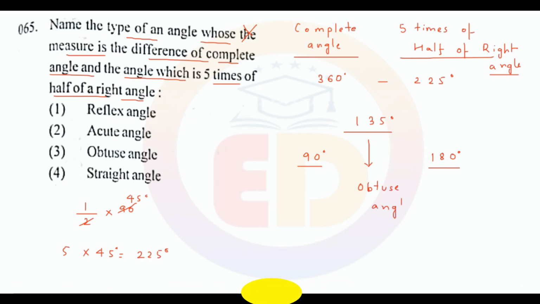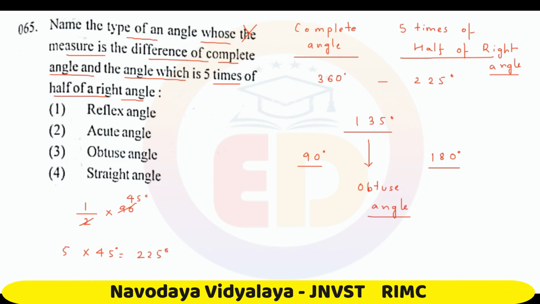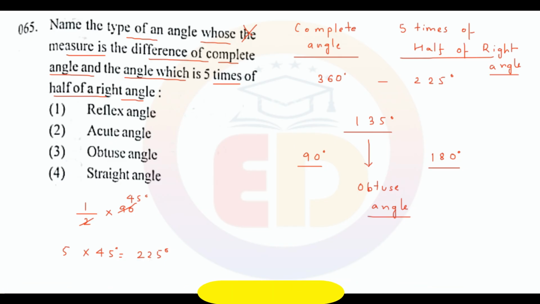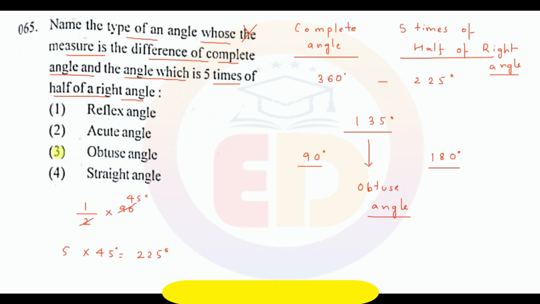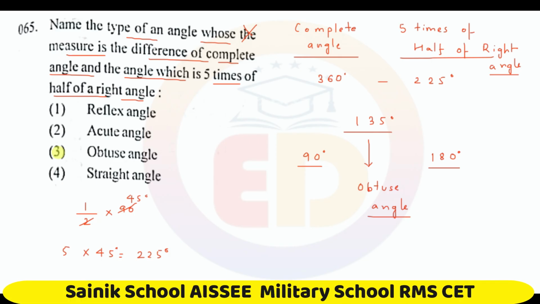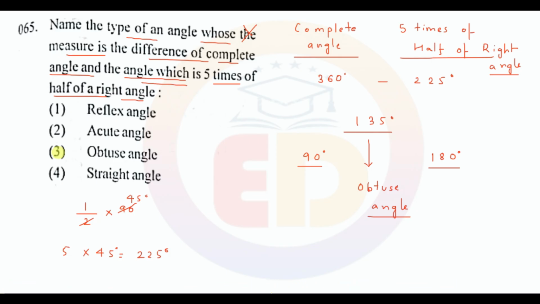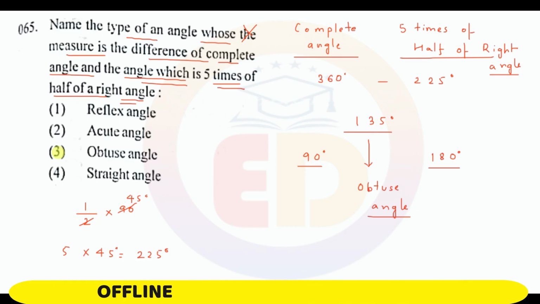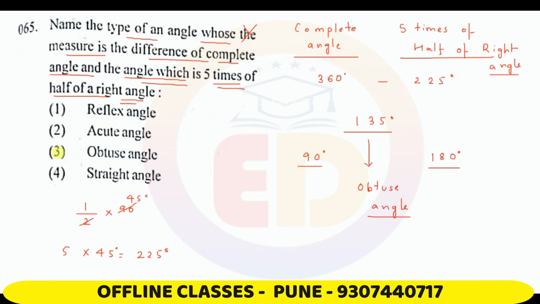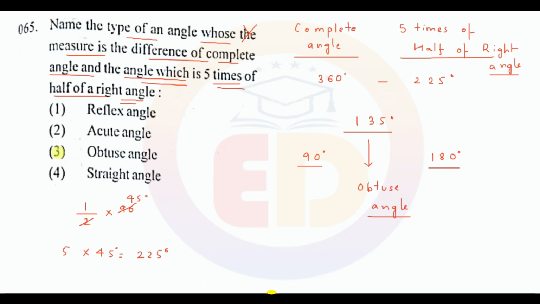The answer is option 3. A simple question, but if you are unaware of complete angle and if you are unable to find the equation out of this statement, you will not get the right answer. We have done hundreds of questions like this where we have learned how to convert such statements and find the value.